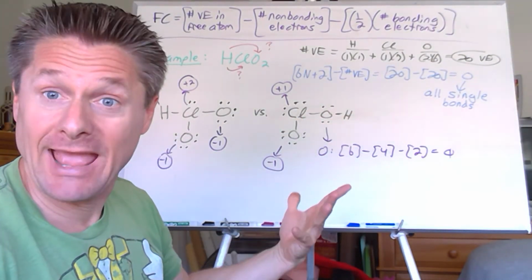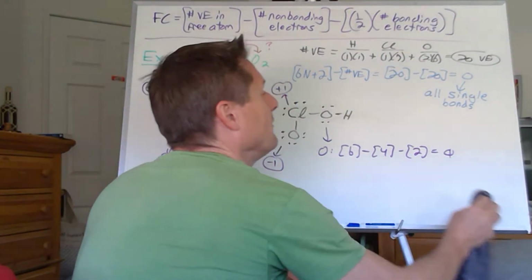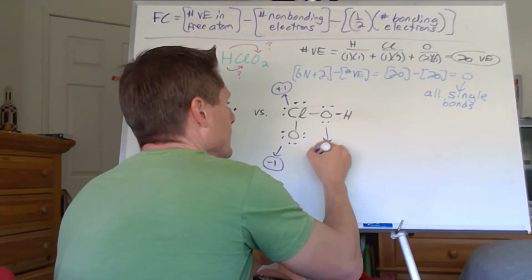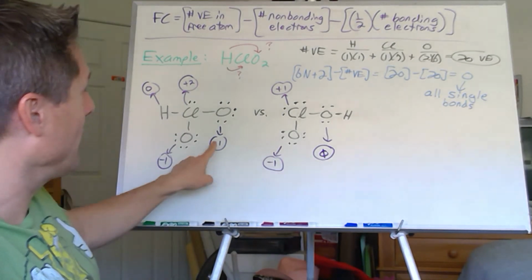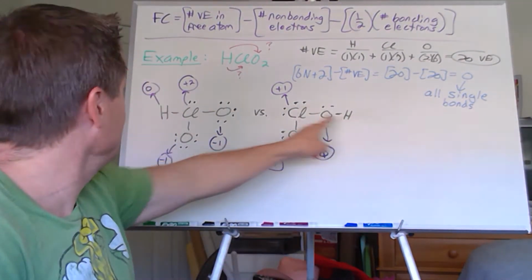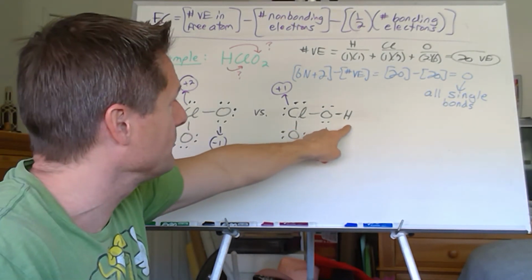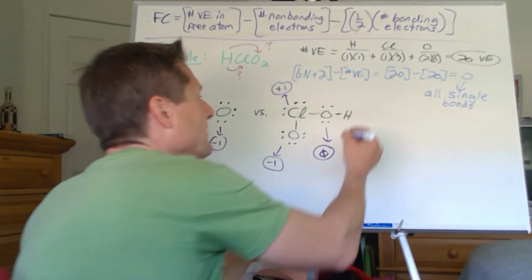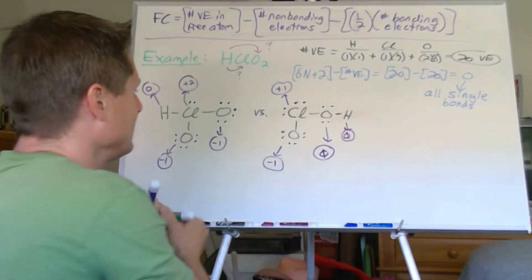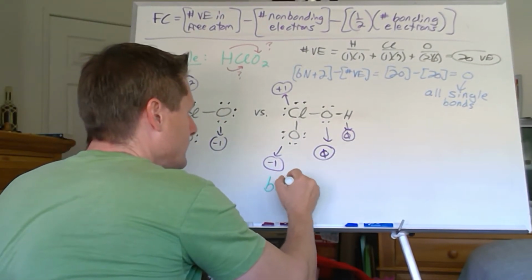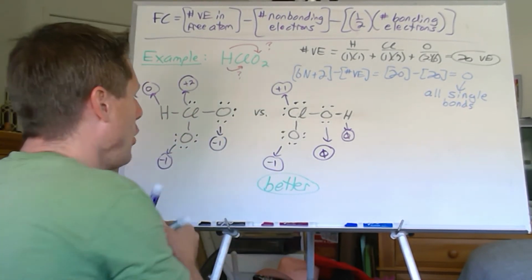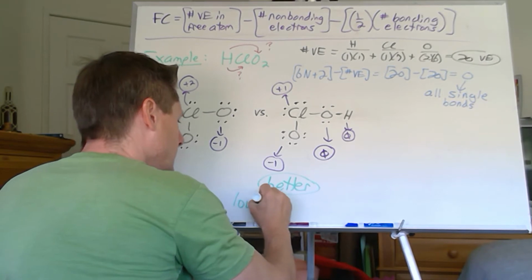It wants 2 bonds and it has 2 bonds, so it has a formal charge of 0. All right, much better. See, instead of a -1, now it's a 0. Hydrogen is in the exact same state here, right? Hydrogen's always going to be a 0. It has to be. So can you see that this is better? Because it has the lower formal charge values.